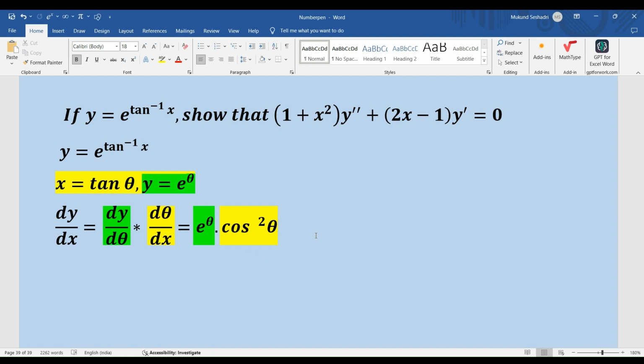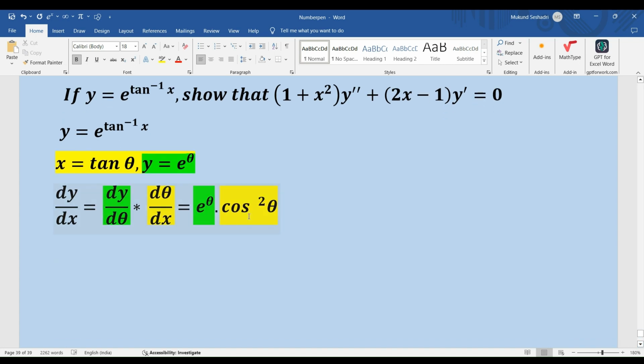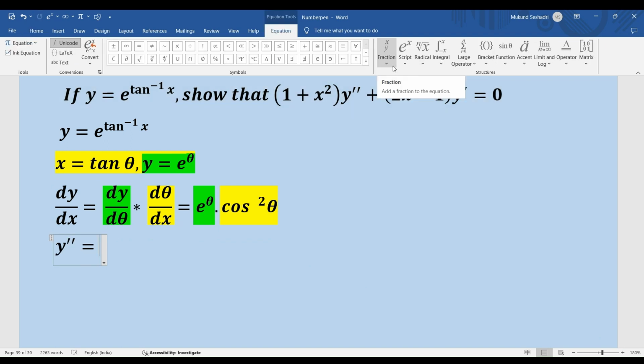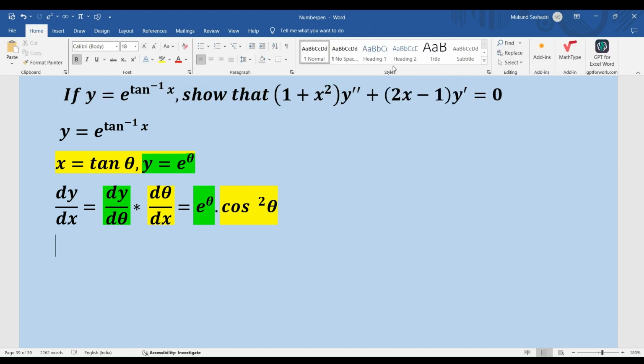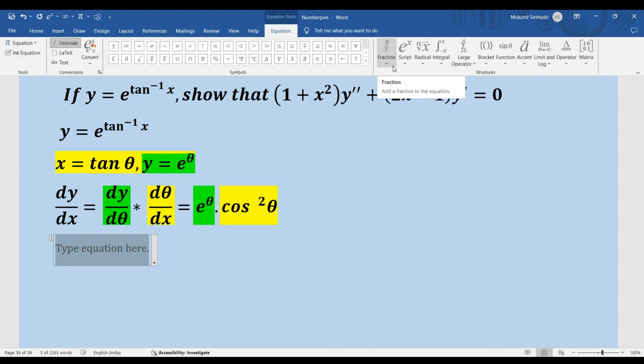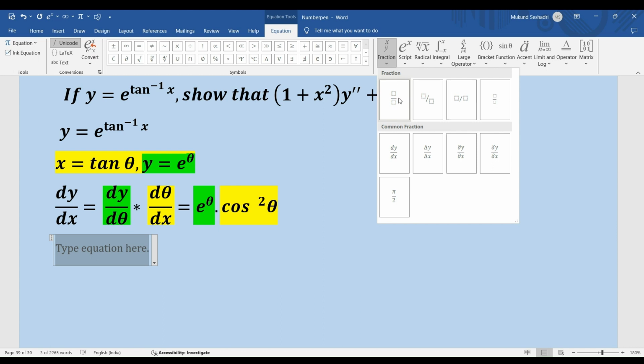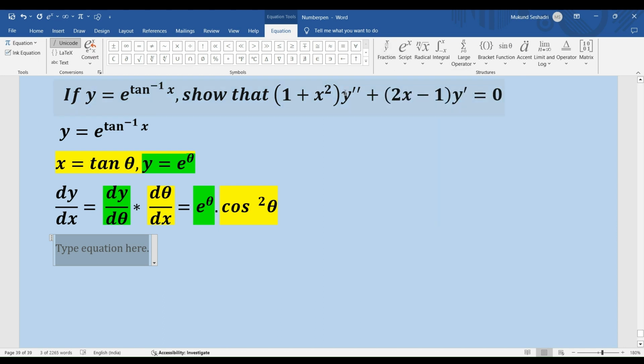And then I go ahead and do my d by dx of dy by dx. Why is that? Because we have a y double dashed in the expression which is given to us, which means I will have to work out my d by dx of dy by dx, right?